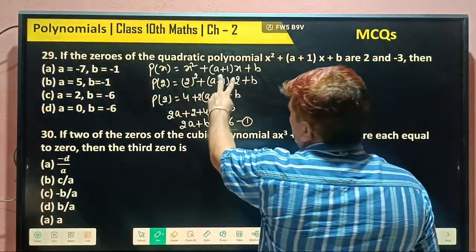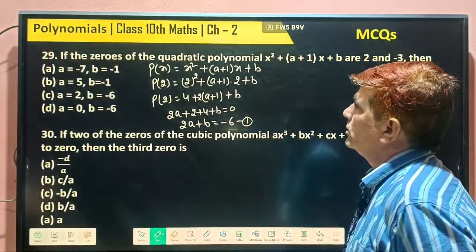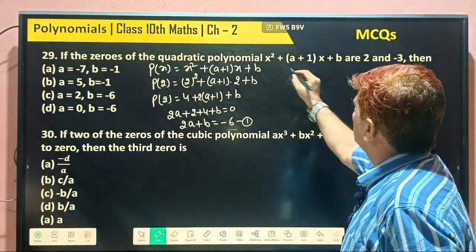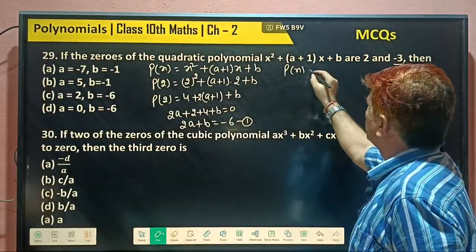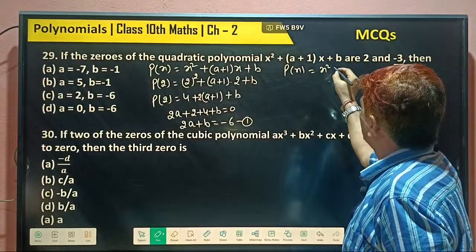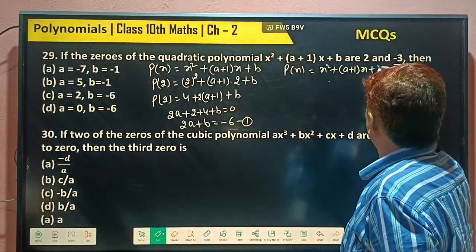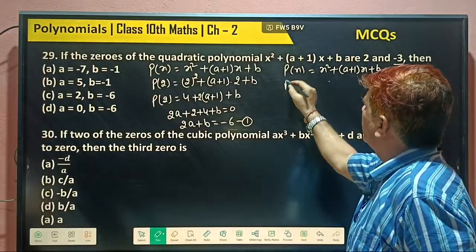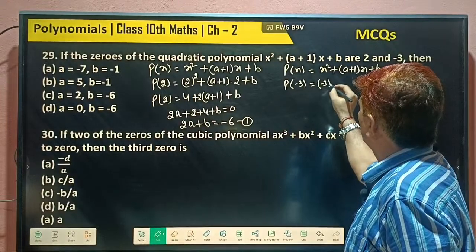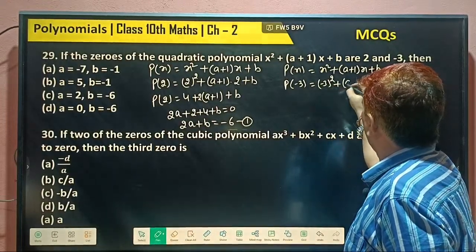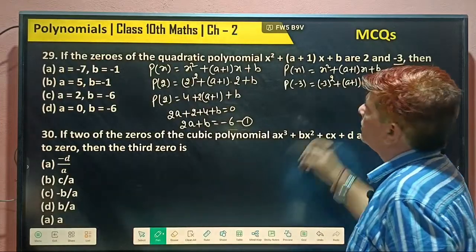With two variables, we need at least two equations to find the solution. Another equation is also given: this is also a zero of x square plus (a plus 1)x plus b. So p of minus 3 equals minus 3 square plus (a plus 1) into minus 3 plus b.